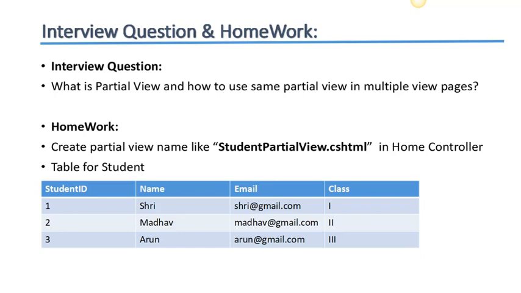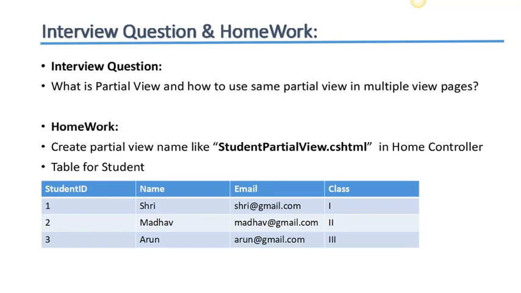So next one is the homework. So you can create a view named like student partial view in the home controller, so home folder, or you can create it in the shared folder, and you can create the table, student table, having the columns student ID, name, email, and class.